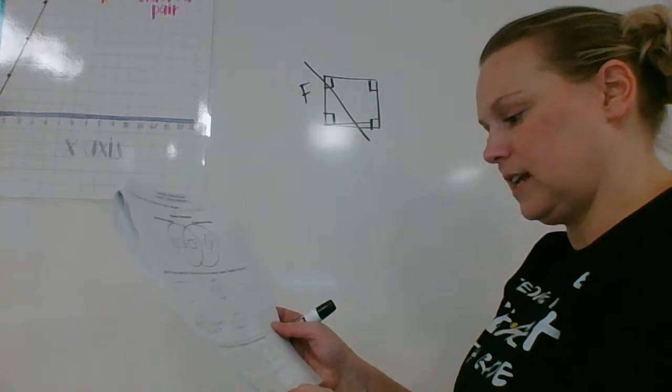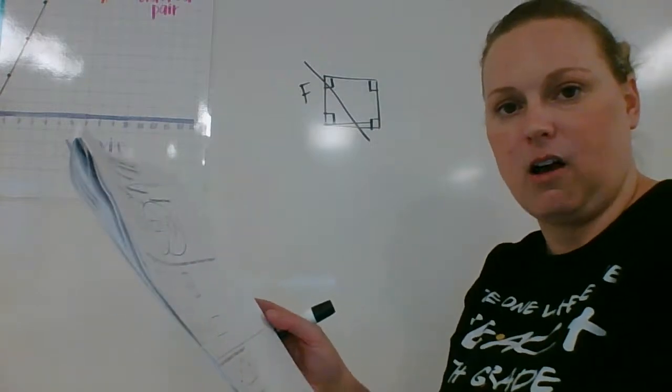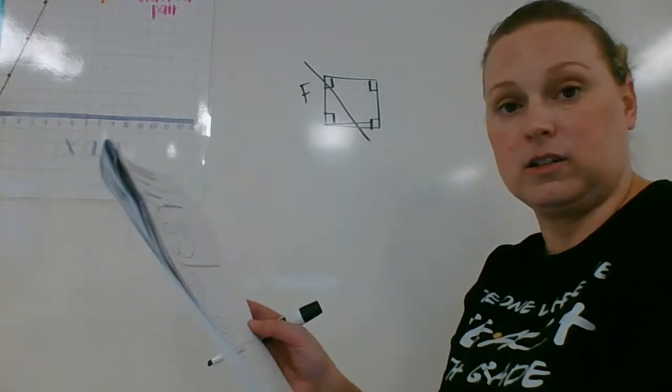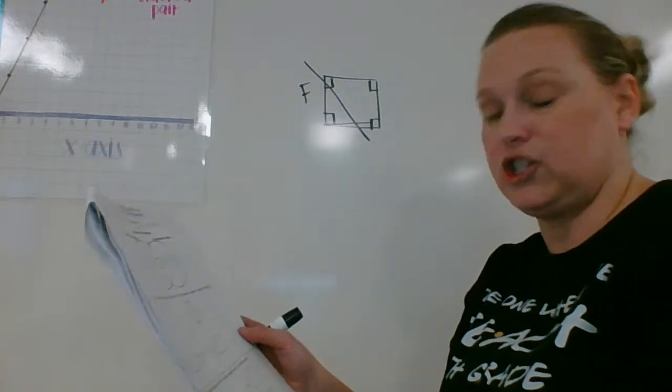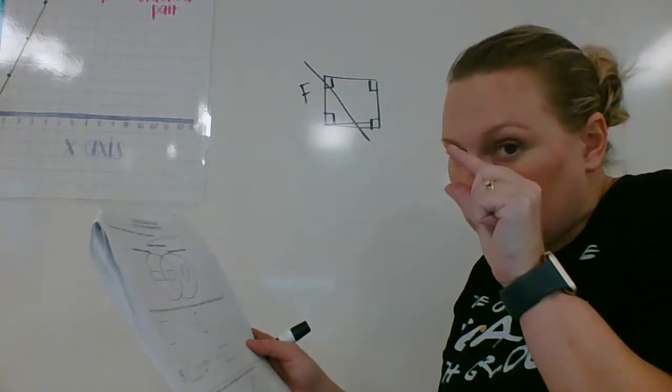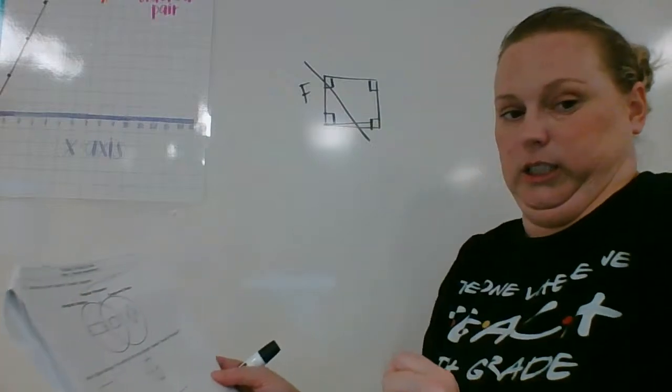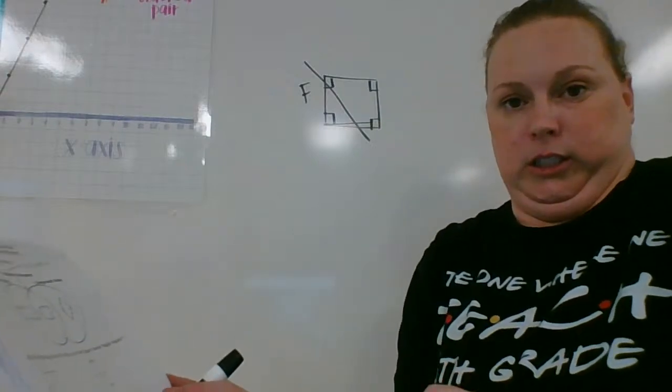And J looks to have all 4 angles are right angles. So G has 2 little acute angles and 2 fat obtuse angles.